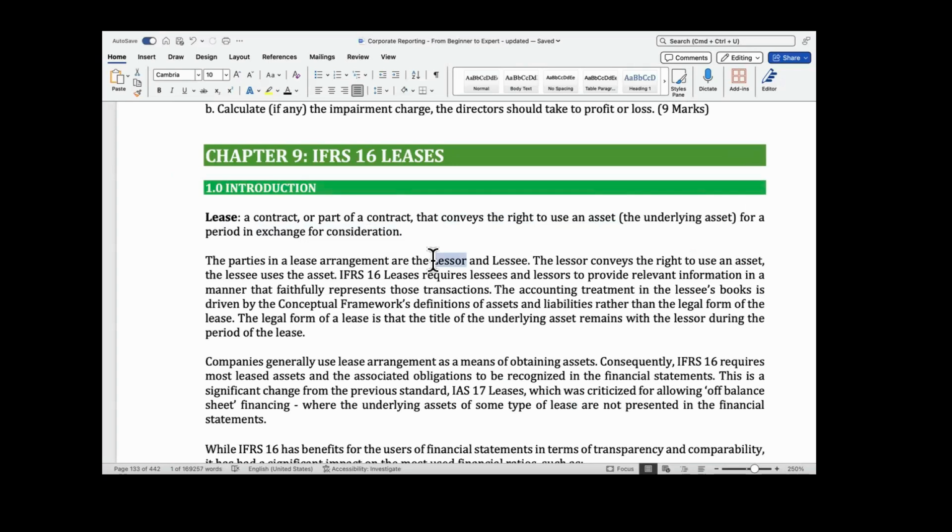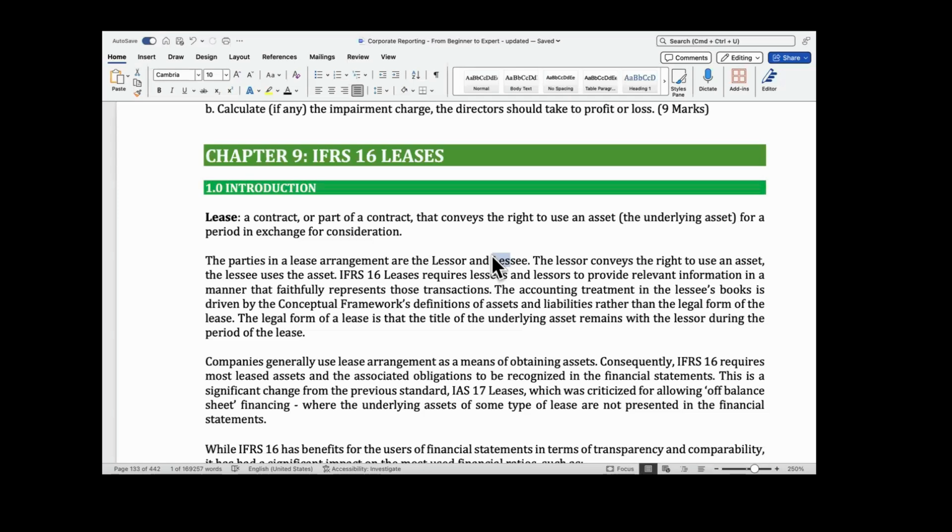He is the one conveying, transferring the right to use an asset. He is the owner of the asset. We call him the lessor. There's another party called the lessee, who is the person using the asset. Who is the tenant? That's the lessee.